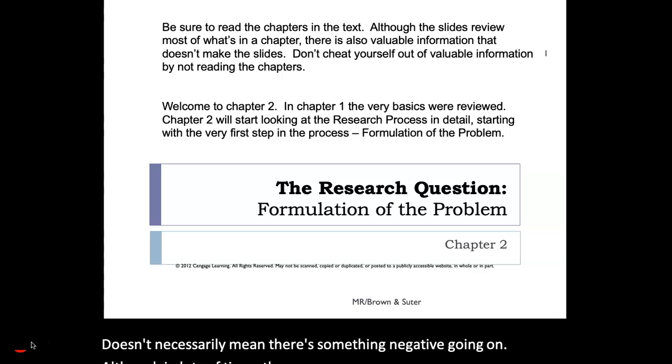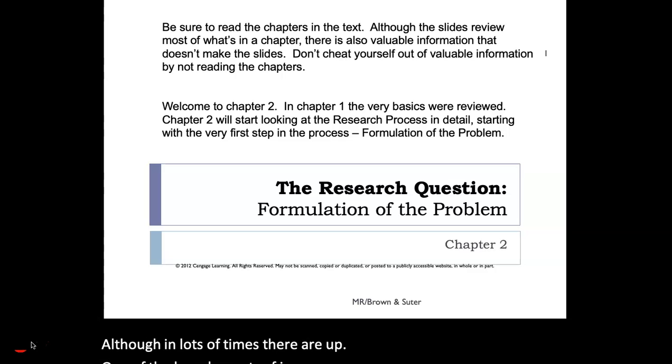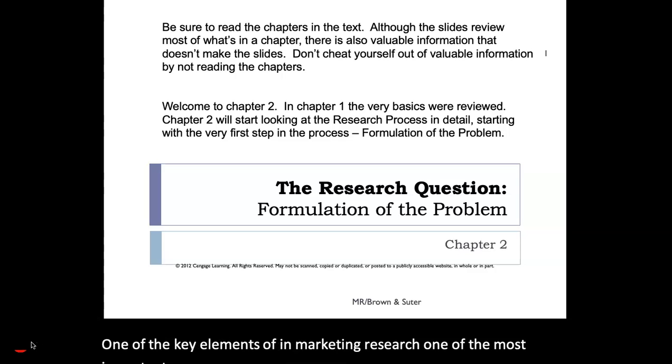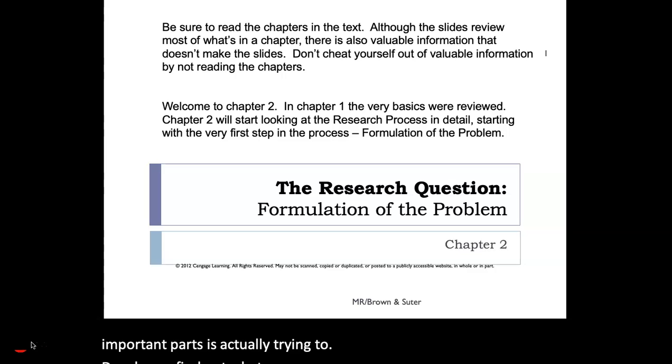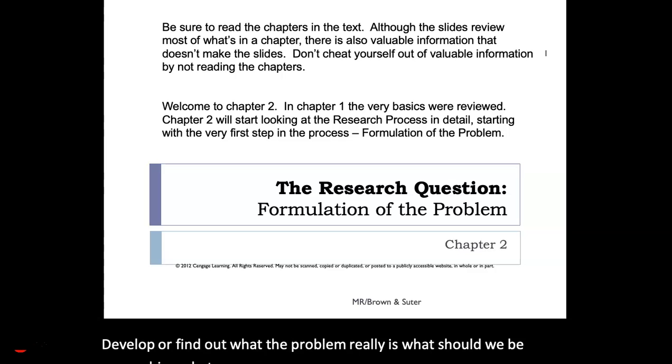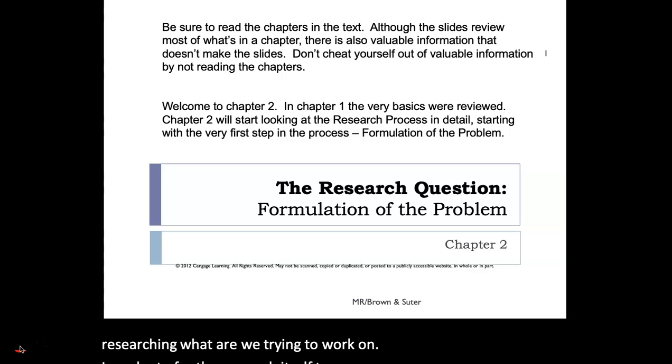But one of the key elements in marketing research, and one of the most important parts, is trying to find out what the problem really is. What should we be researching? What are we trying to work on in order for the research itself to solve the problem? So, formulation of the problem.